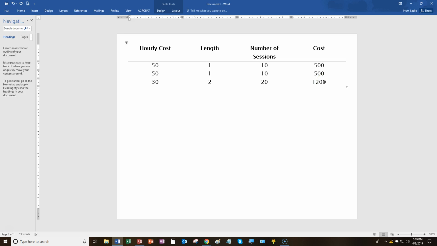So, how would you write that? I'm going to go ahead and just type it out. The way that I'm saying it is, cost divided by the multiplication of the length times the number of sessions.